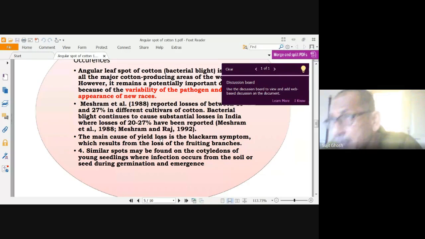In young plants, it affects the cotyledon, which is going to give rise to the leaf. So the leaf is another target area for this bacteria. So from this discussion, we are emphasizing that the fruit is a target region, branches are a target region, and the leaf is a target region of this bacteria.